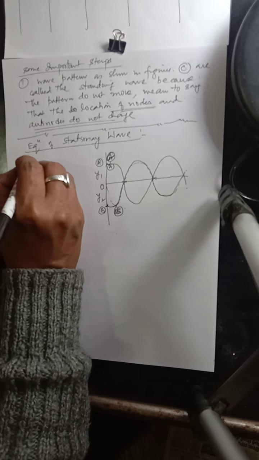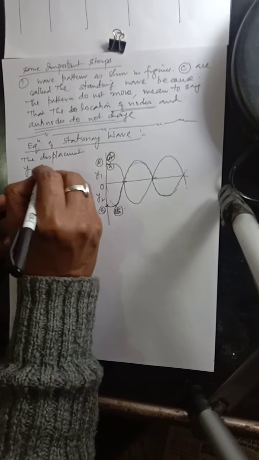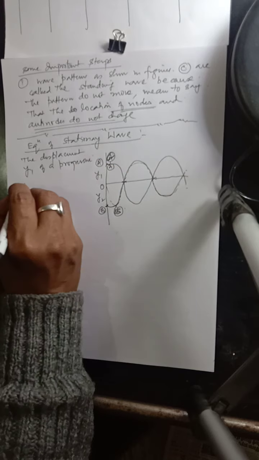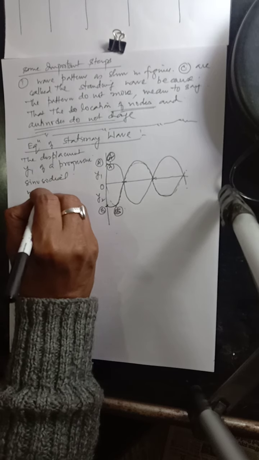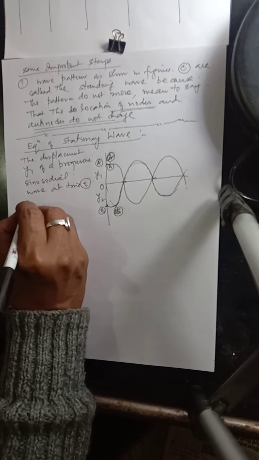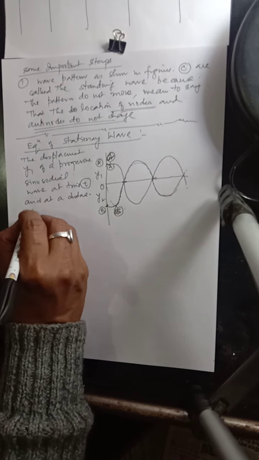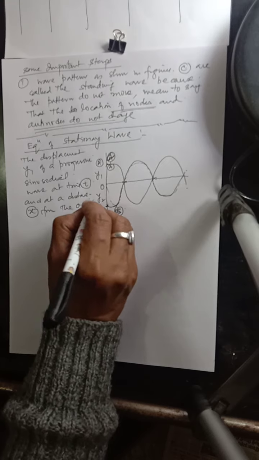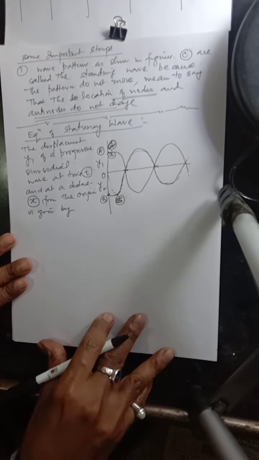In this figure, the displacement y1 of a progressive sinusoidal wave at any time t and at a distance x from the origin is given by the following equation. And what is that equation?